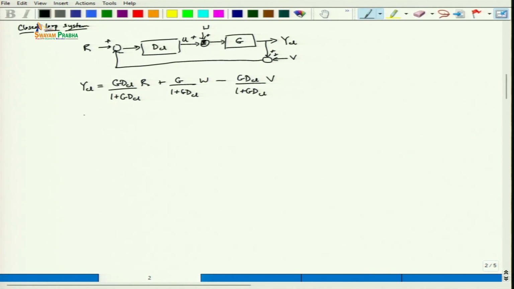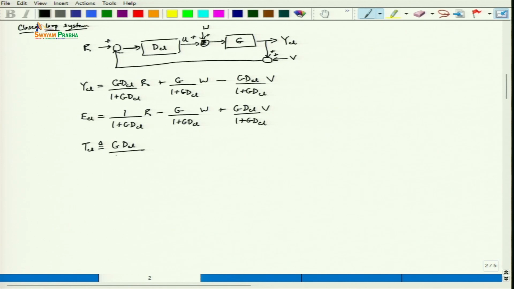Similarly to what we did for the open loop system, we can now represent the error for the closed loop system as 1 divided by 1 plus GDCL times R, minus G divided by 1 plus GDCL times W, plus GDCL divided by 1 plus GDCL times V, and we denote the overall transfer function for the closed loop system as TCL equal to GDCL divided by 1 plus GDCL.